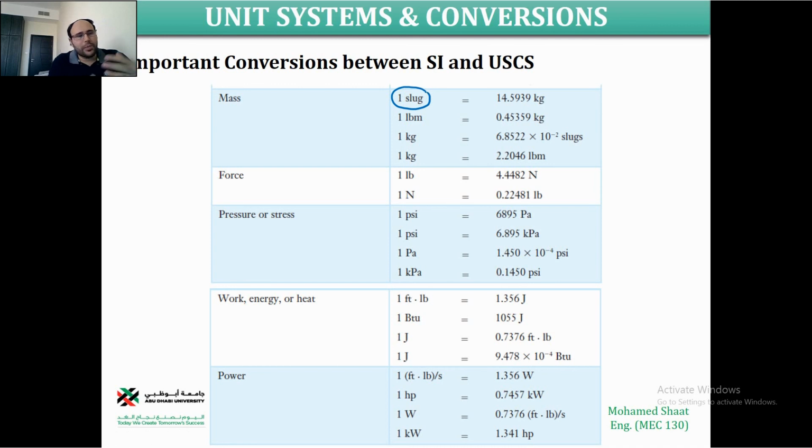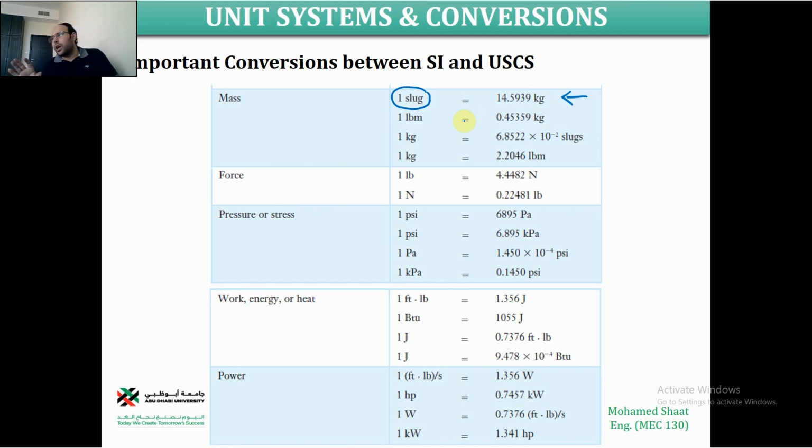For example, if the mass is given in the American system, can we find its equivalent value in the international unit system? Yes. 1 slug is equivalent to 14.5939 kilograms. This is how much 1 slug is equivalent to in the international system. This is also one of the things.